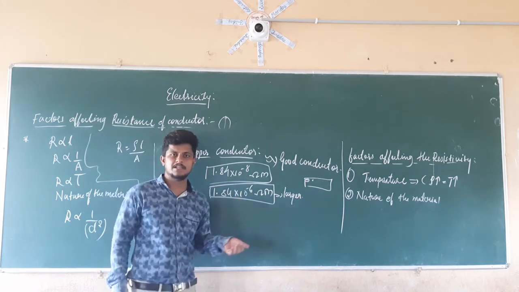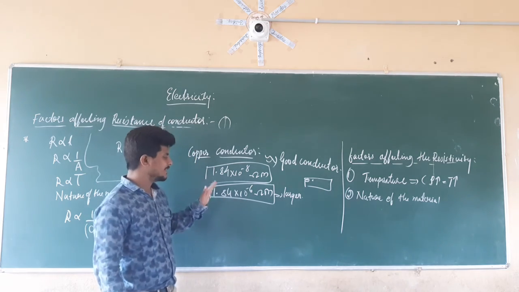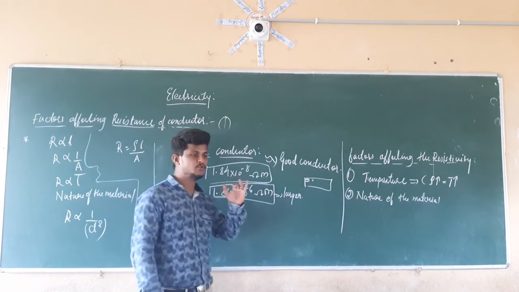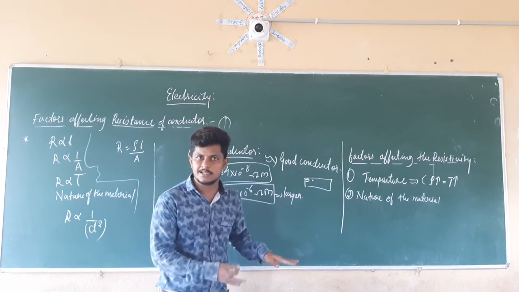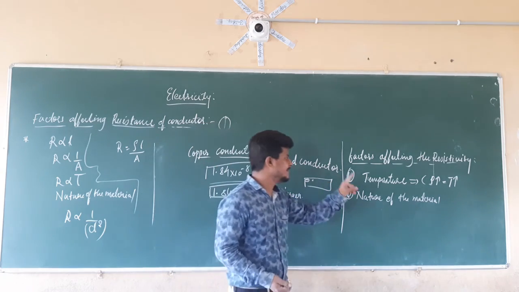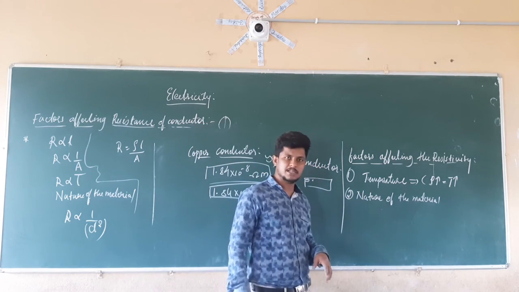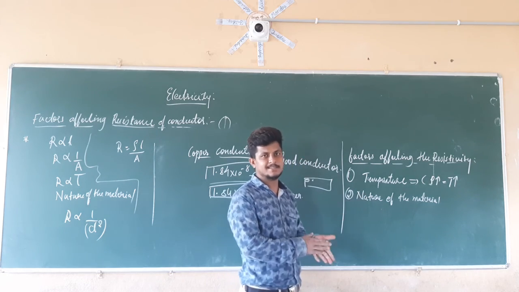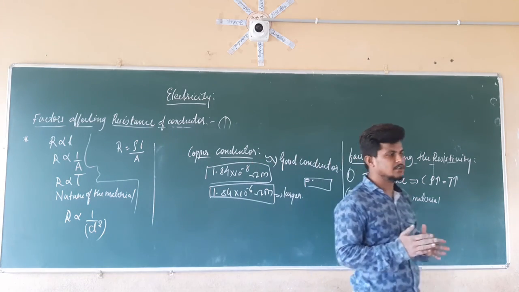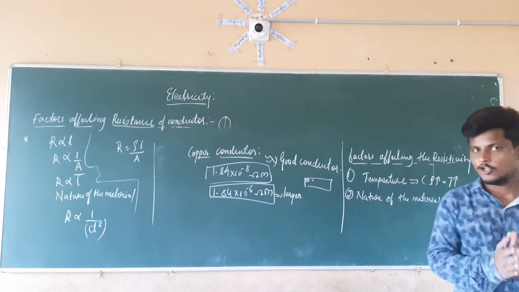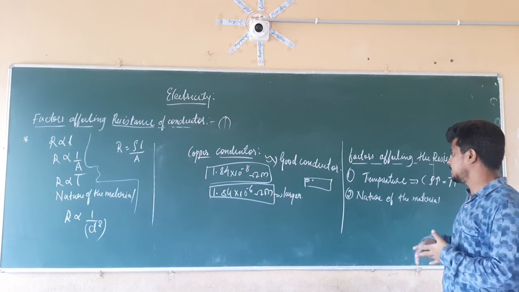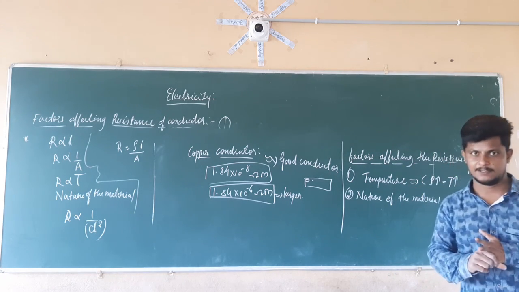If you use another material, the resistivity is 1.84 × 10^-6 ohm meters. Directly the resistivity is changing, so the resistivity also depends on the nature of the material. So these are the two factors affecting the resistivity of a conductor.